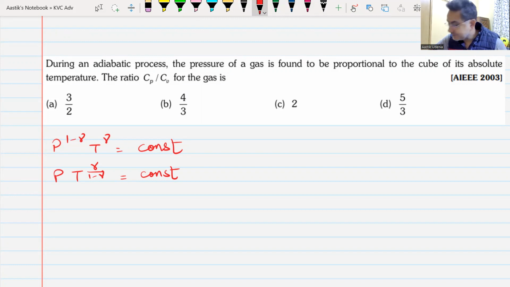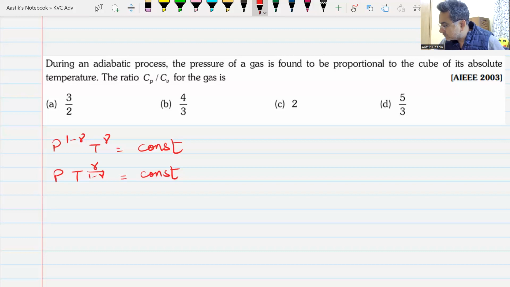And pressure is found to be proportional to the cube. Have I written it correctly or have I written it wrongly? Sir, I think it's P to the power 1 minus gamma by T to the power gamma, sir. I think. Have I written this? No, I've written this correctly, right? The equation is correct, but the relation is coming wrong, sir.